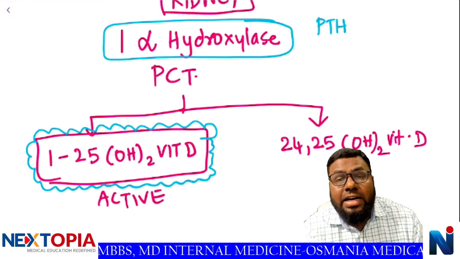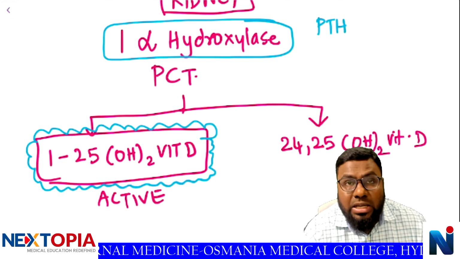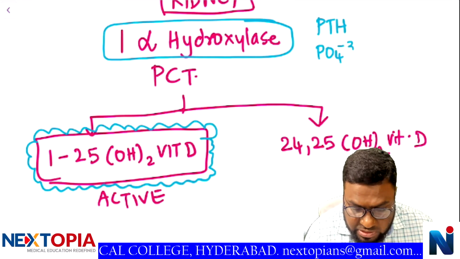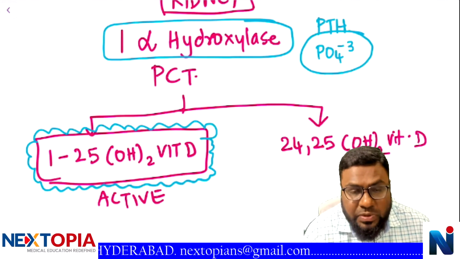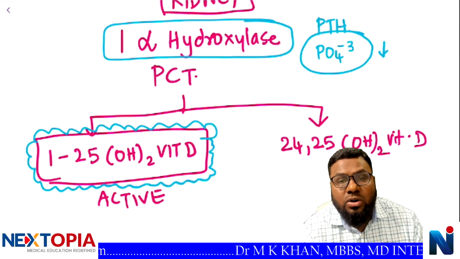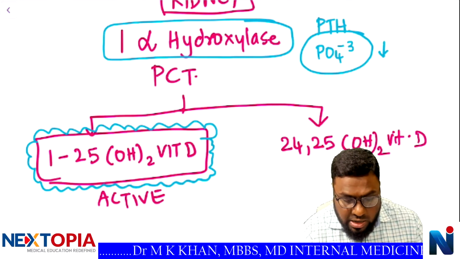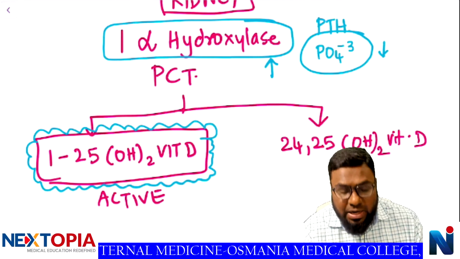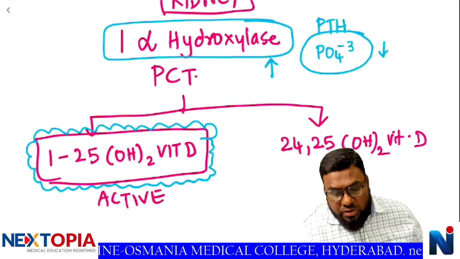Activity of 1-alpha-hydroxylase is also controlled by low phosphate levels. Phosphate controls the activity. This is the most important point you have to remember. Whenever phosphate levels are low, the 1-alpha-hydroxylase activity is high. Parathormone also increases this 1-alpha-hydroxylase activity.